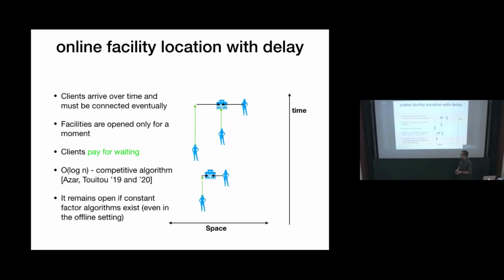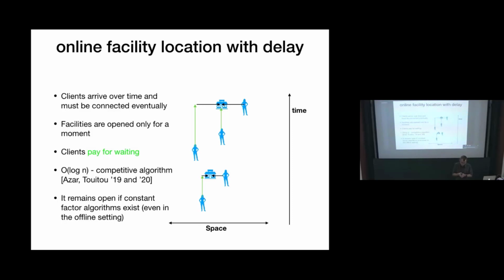What is known for this model is that log n competitive algorithms are possible, and it's very recent. Only last year, they got a log n competitive algorithm. In 19, there was a log squared competitive one. So these problems are only very recently studied, and it remains open if you can do constant competitive.